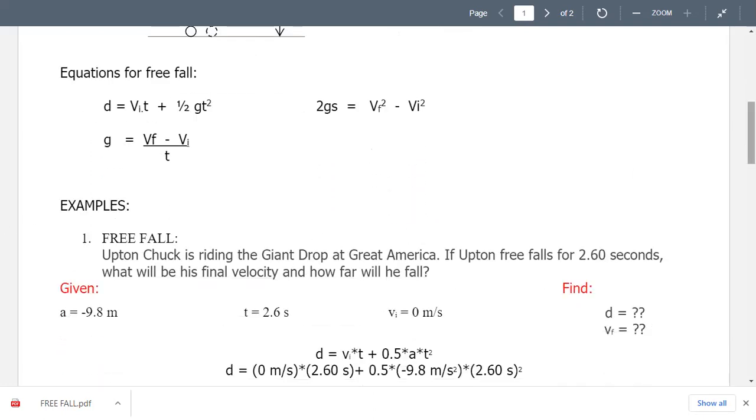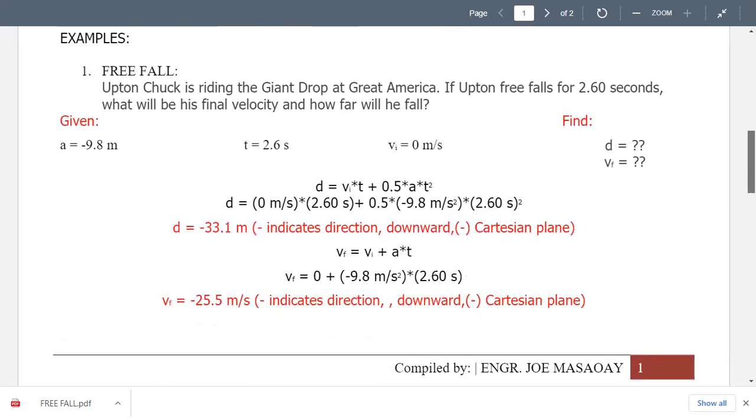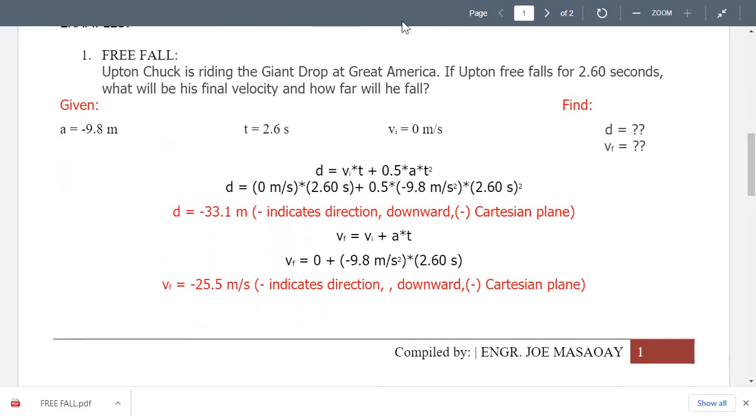So let's proceed with the following examples. Action Chuck is riding the giant drop at Great America. If Upton free falls for 2.60 seconds, what will be his final velocity and how far will he fall? So we are given the following values.